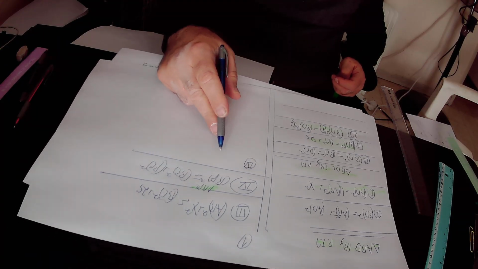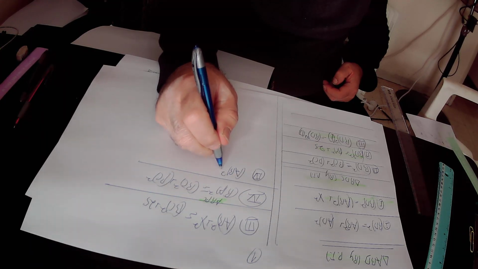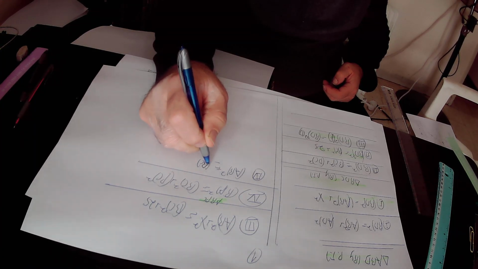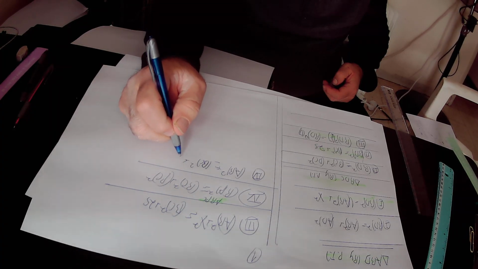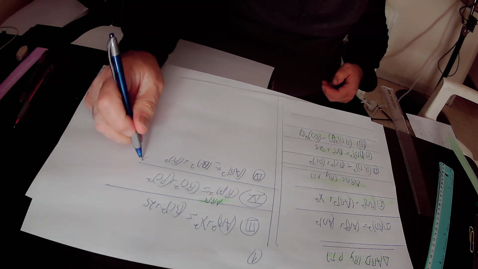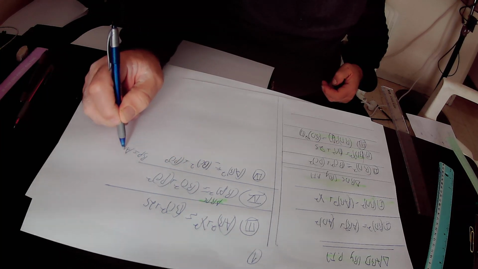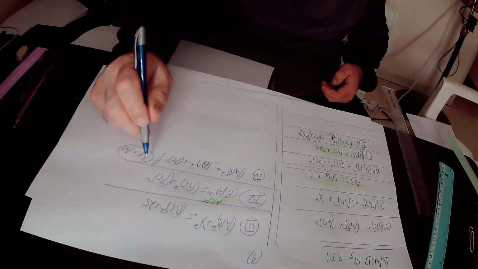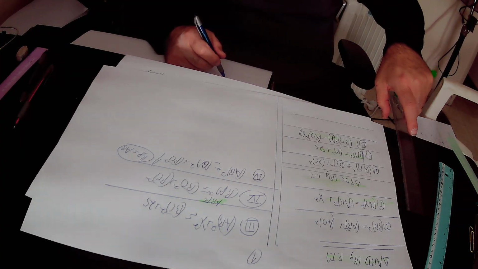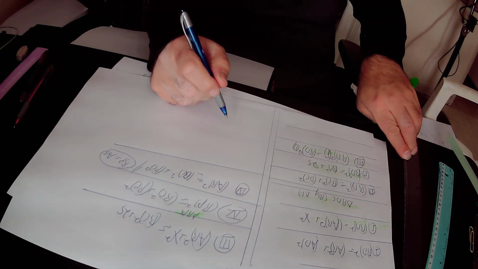Because we know that BP equals AB, according to equation 4 we found that AB square equals BC square plus PC square.